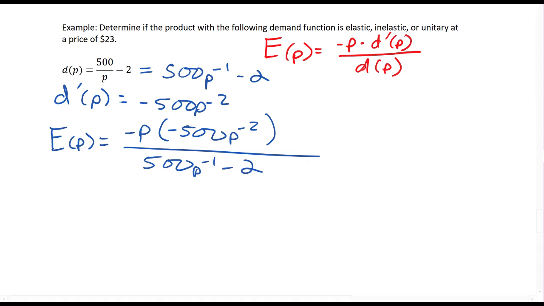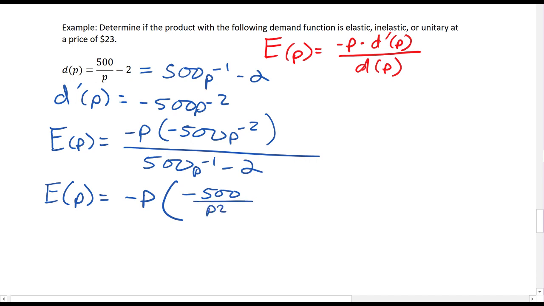What I'm going to do next to make this look a little nicer is go back and rewrite all those negative powers as positive powers, which means move them to the denominator. So my numerator is going to be a negative p times a negative 500. The 500 has to stay up top, but I can move that p to the negative 2 to the bottom, and there's the p squared. Now it's a positive 2.